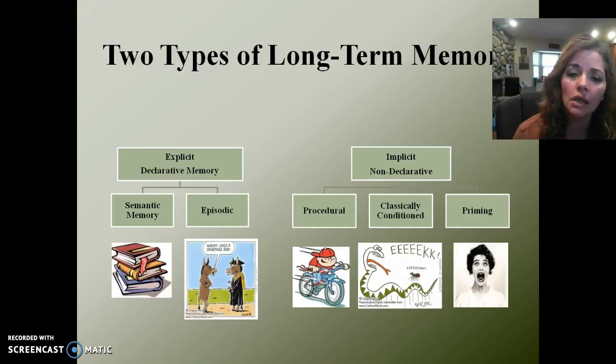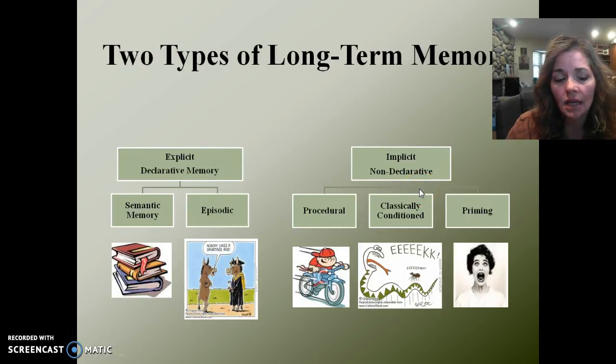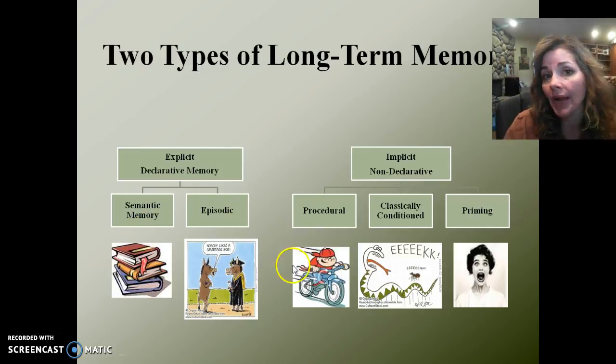And often you might forget facts and figures, but you can still very much know how to do certain things. So sometimes you can have memory impairments that might hurt your explicit memory, but your implicit memory is still intact. Like for Alzheimer's, for instance, maybe I forget someone's name, or I forget who they are in my life or my relationship with them, but I might remember how to play the piano, for instance.